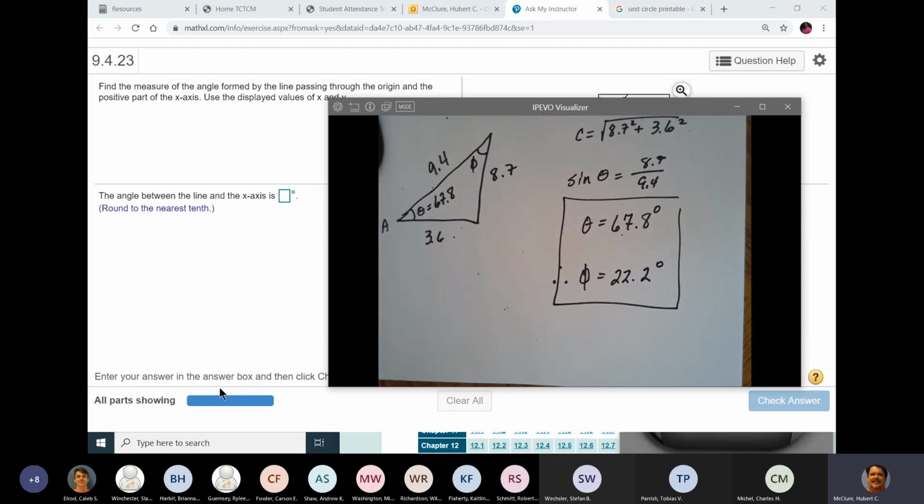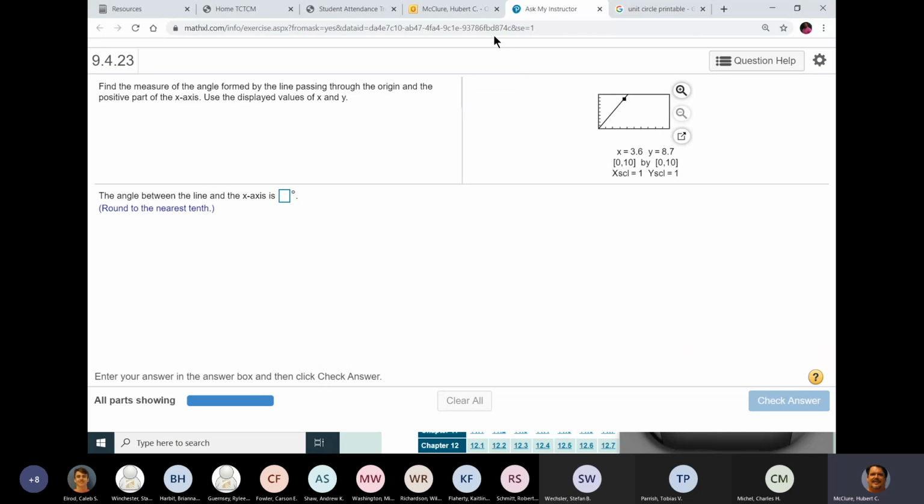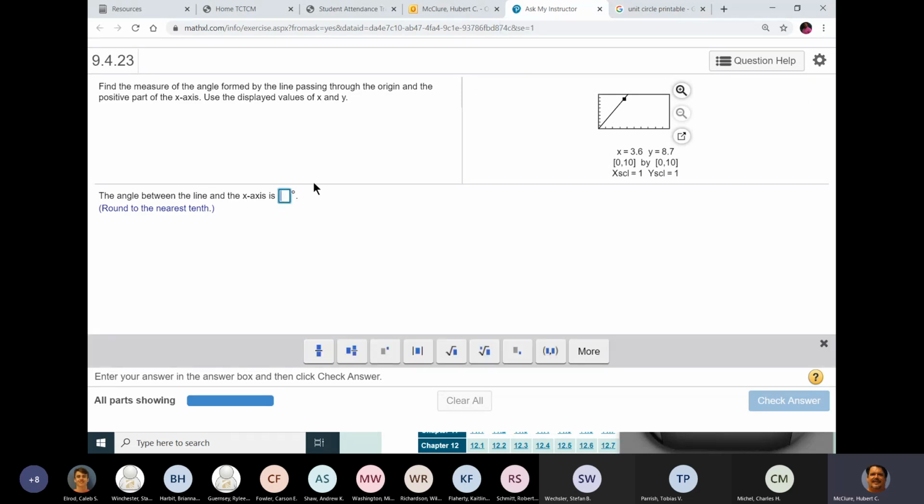And if you can do this to a triangle, then you've got 9.4 under your belt. I mean, if you can fill out everything, then you're good to go for 9.4. So let's do another one. Let's see how many we've got left. I've got a few minutes left. So that takes care of that one. Let's see if I got the angle right before I move on. 67.8.